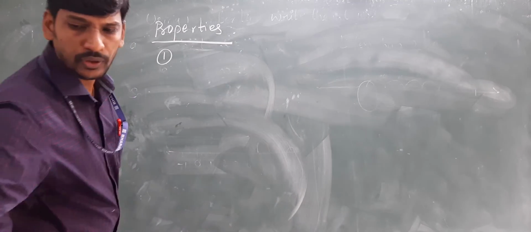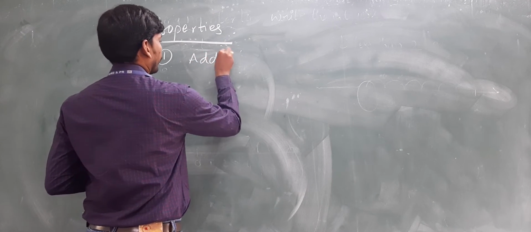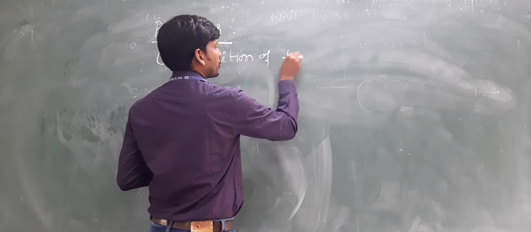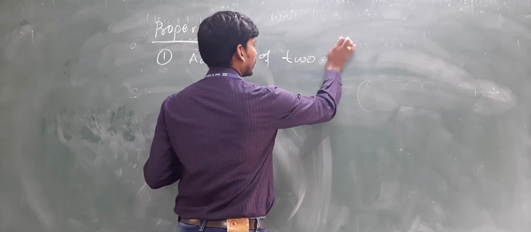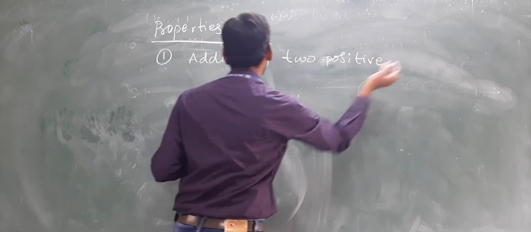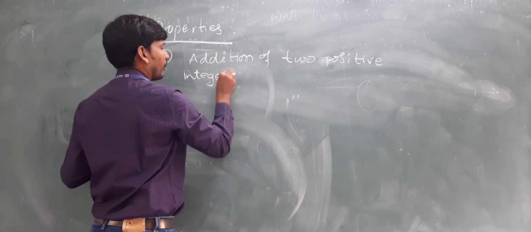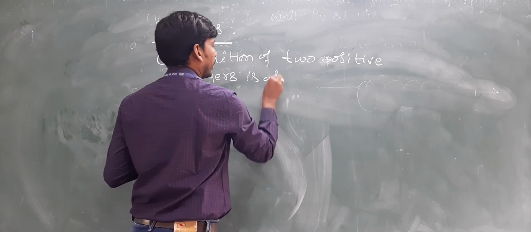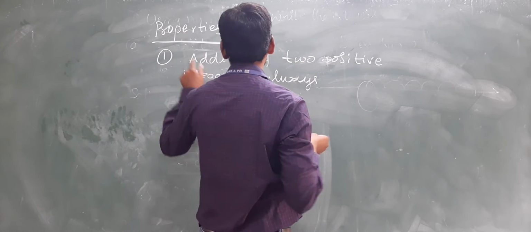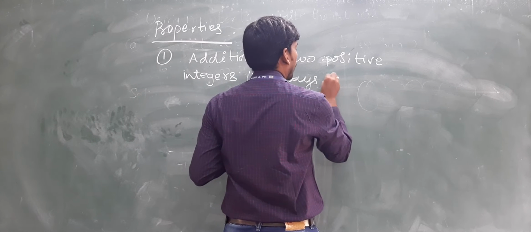The first point is addition of two positive integers. Two positive integers is always positive integer. You please note down these points in your classwork. So addition of two positive integers is always positive integer.